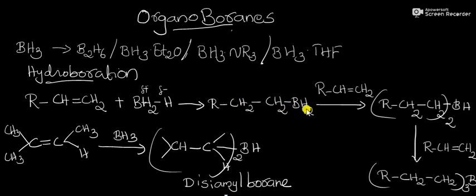Again, this is a borane. When an olefin adds to this borane, it is converted into another substituted borane, that is (RCH2CH2)2BH, where boron goes to this carbon and hydrogen goes to this carbon.